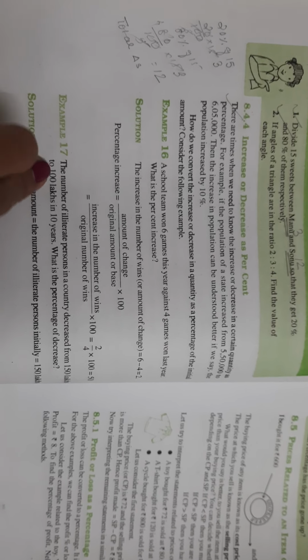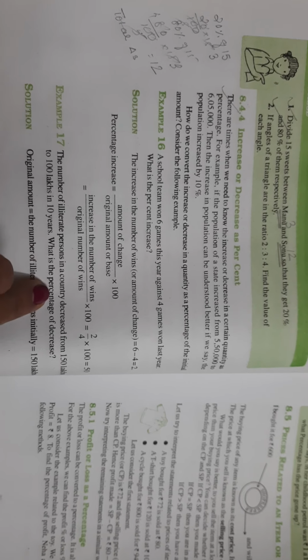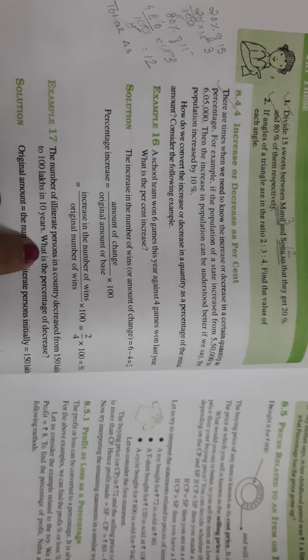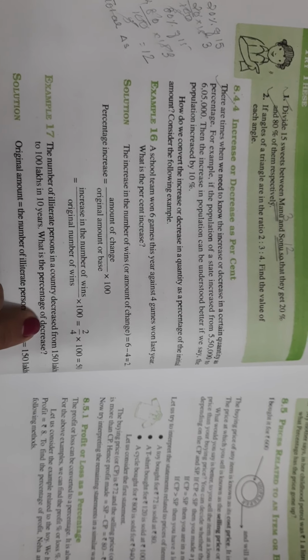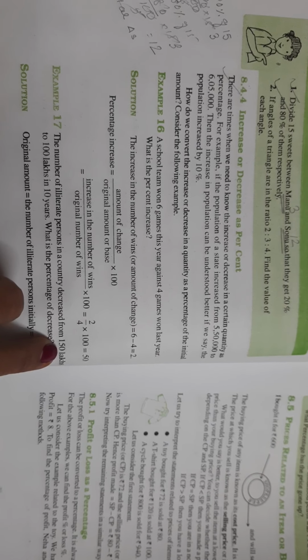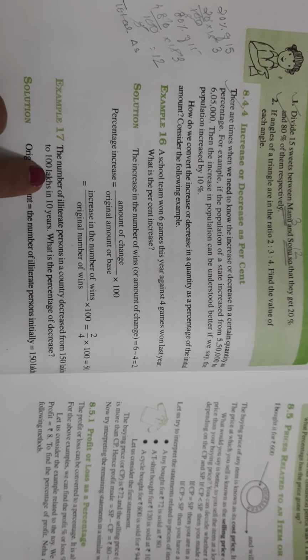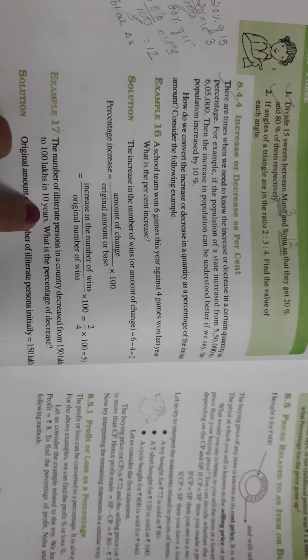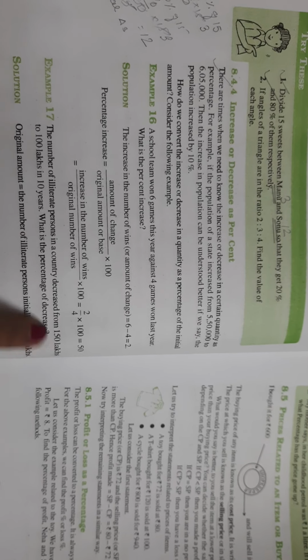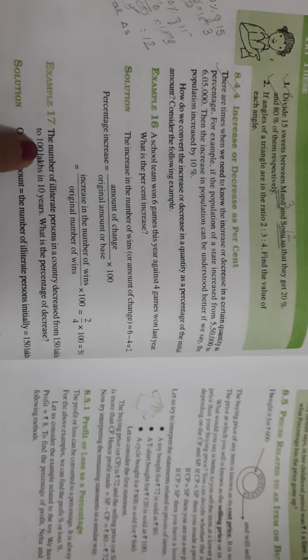Example number 17. The number of literate persons in a country decreased from 150 lakhs to 100 lakhs in 10 years. What is the percentage of decrease? So the original number was 150 lakhs. Now it has decreased to 100 lakhs in 10 years. So first, we'll find out the difference between the original count and the count after 10 years.